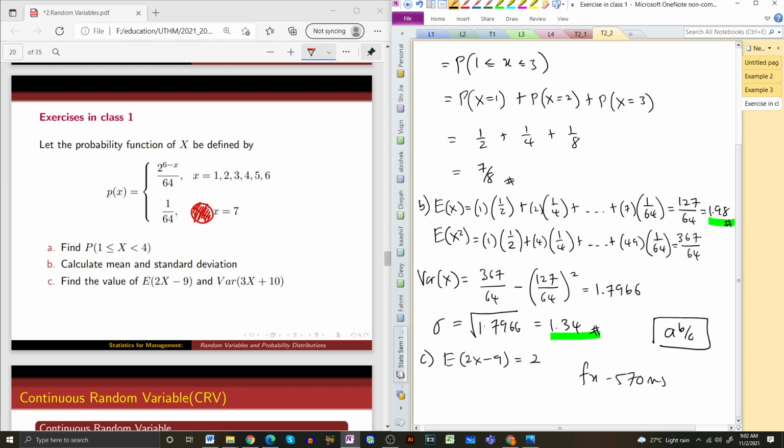If you press that, it's supposed to convert to a fraction, but it cannot convert. Maybe in your calculator it can give a fraction. So that's why I leave it like this. But either way, if you use fraction or decimal, you should get the same answer, at least to two decimal places.